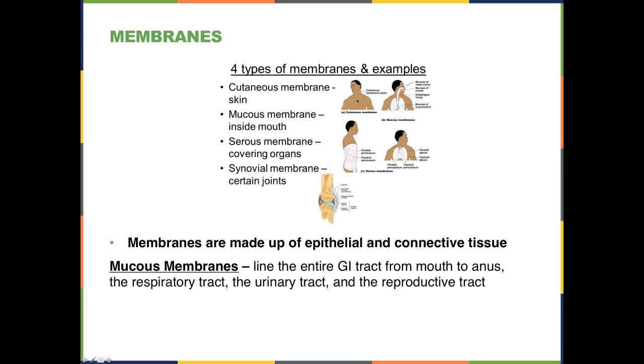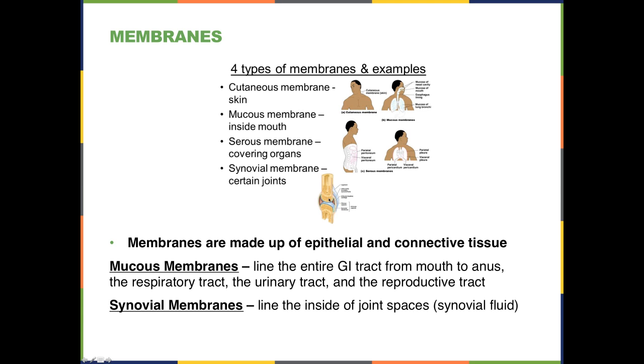Now, as the book says, the common factor in each of these is that they have to interact with the outside world in some way. And the mucous membranes are made up to maximize protection while interacting with the outside world.